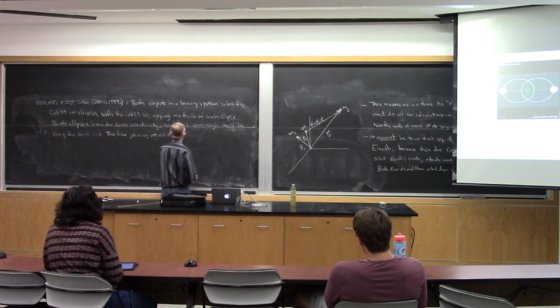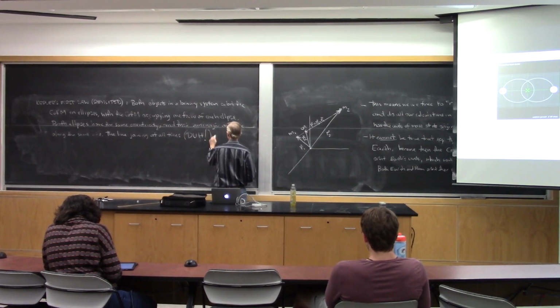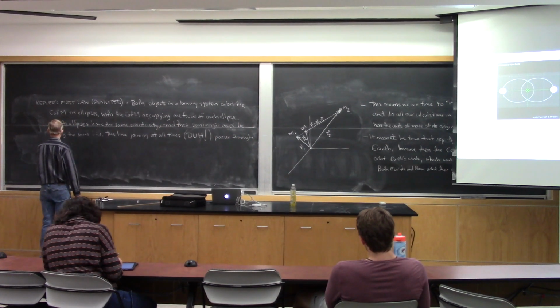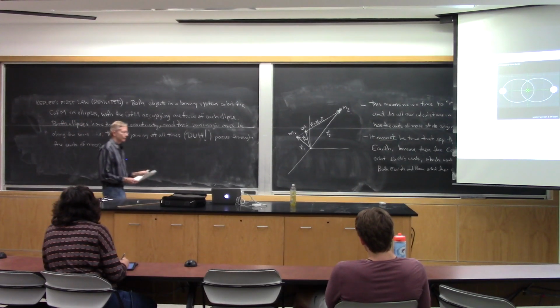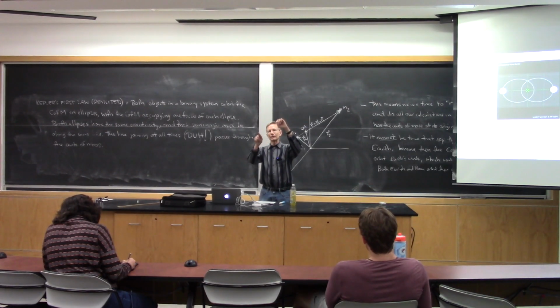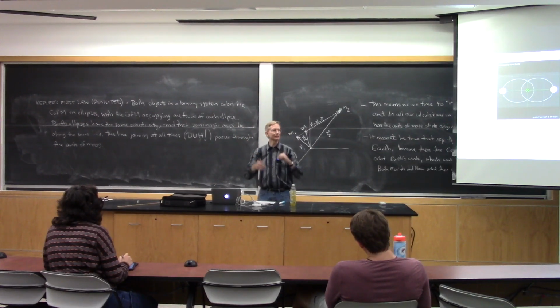So in other words, if you know where one of them is, you can find the other one by just drawing a line through the center of mass to where it intersects the orbit of the other one on the corresponding part of the orbit, and there it is. There's where the other one would be.